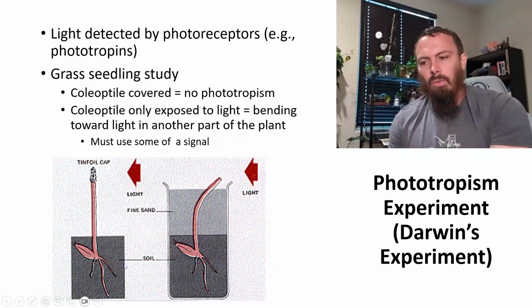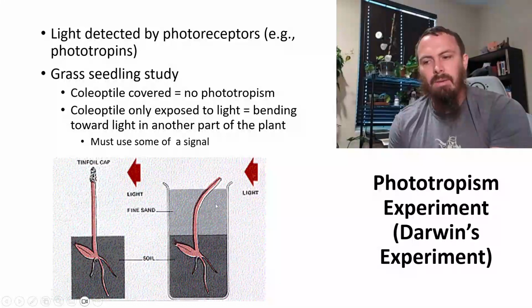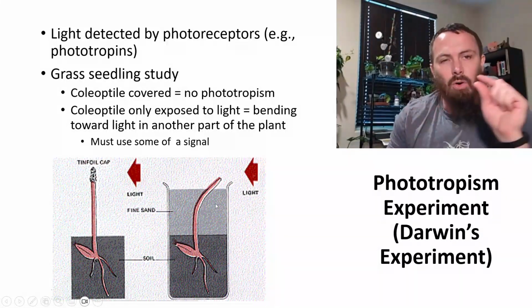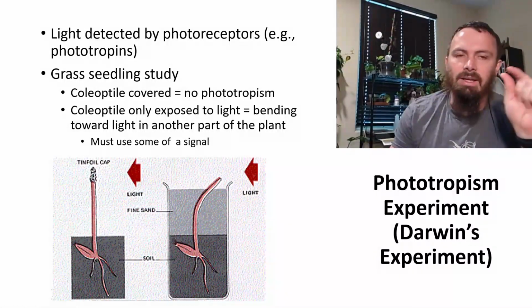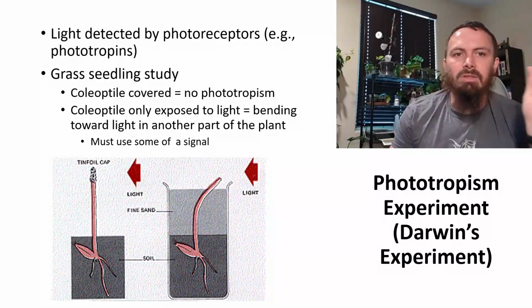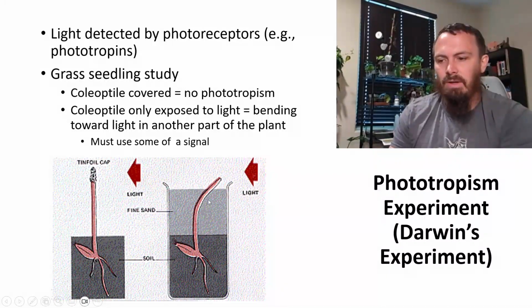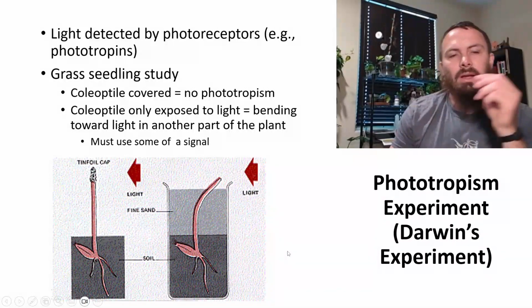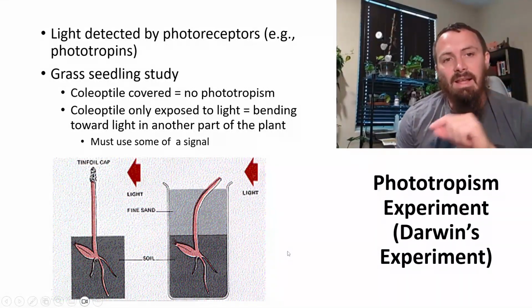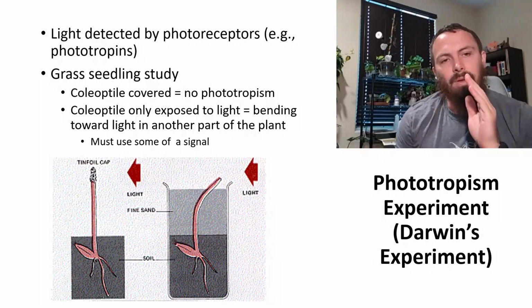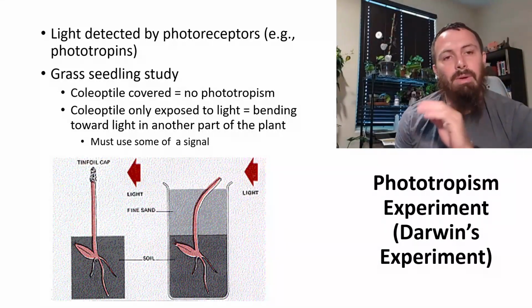Now, what they did here, though, they let it grow up, and then they filled it full of sand till only the coleoptile was exposed to the light. Only the very tip was exposed to the light source. So everything down here, no light, just a very tip light. And what they found is that in that case, the plant would bend to the right, bend towards the light.